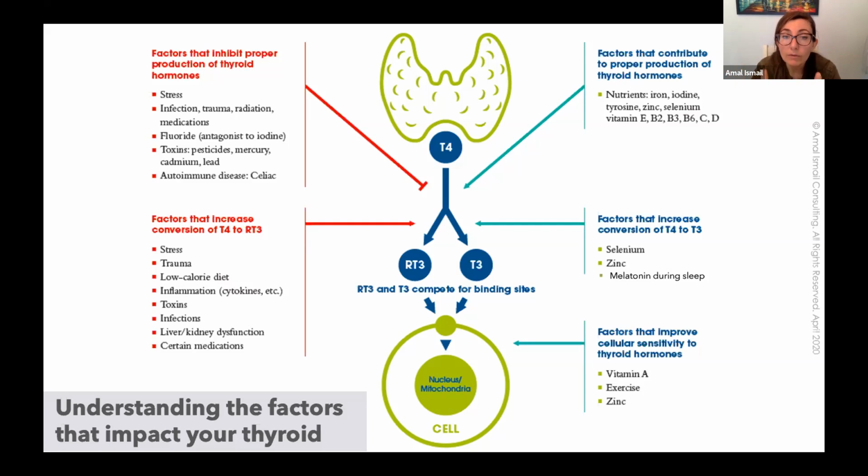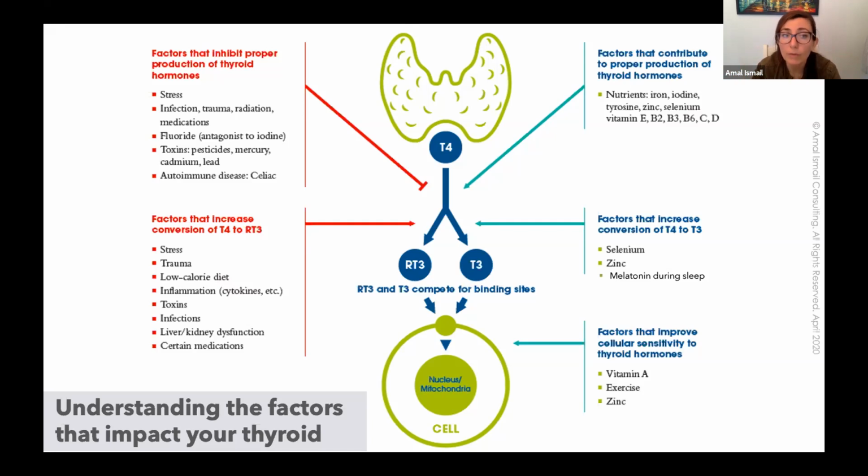So on the flip side, what affects the production of T4? Stress, and we'll come to it in a second when we talk about how elevated levels of cortisol can blunt the production of T4 because it reduces the signaling from the pituitary. So it actually blocks TSH.